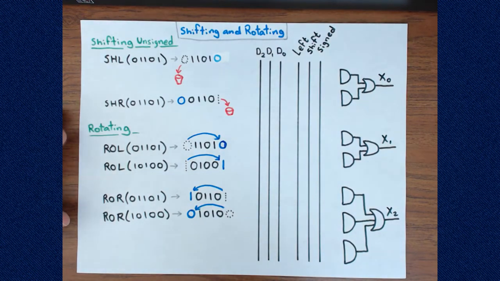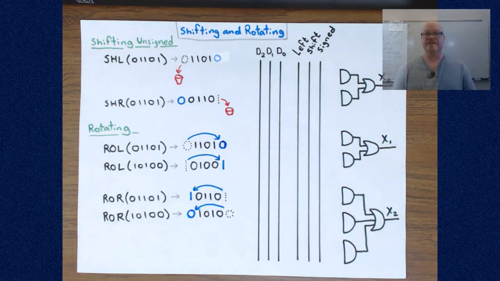And because they're so related, these are typically implemented in a single circuit. And so that circuit is going to perform a number of functions. It's going to perform shifting, where the bits just go to the right or to the left. It's going to perform rotations, where they go to the right or the left, but the ends wrap around, depending on your direction.